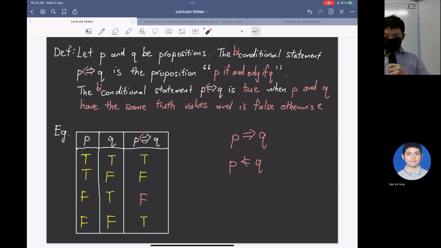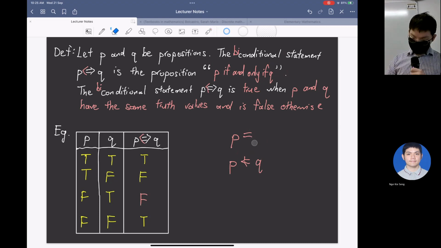If we can go there and come back again, this is called equivalence. So we create a bridge between these two. But of course, sometimes it's not true. You can only go one way. But sometimes you can go both ways. So this is the if and only if. Any questions?